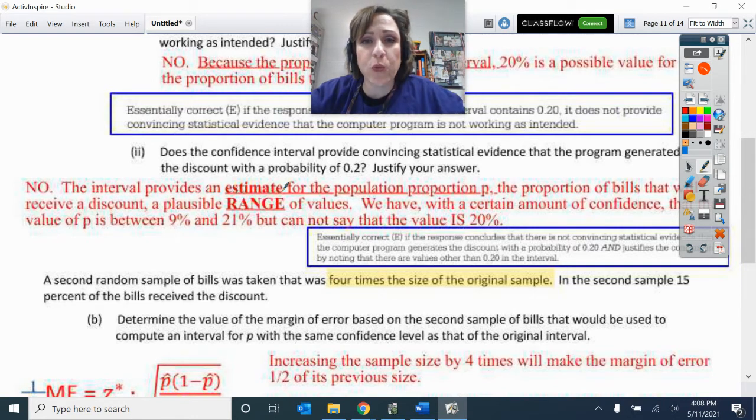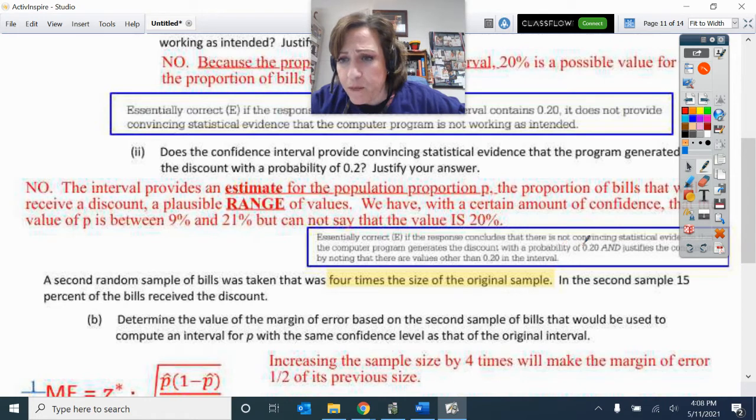It's a plausible range. The true proportion can be anywhere in there. I cannot say, bam, it is 20%. It's just somewhere in there. And so the response concludes that there is not convincing evidence of a discount with probability 0.20 and justifies this by noting that there are values other than 0.20 in the interval.